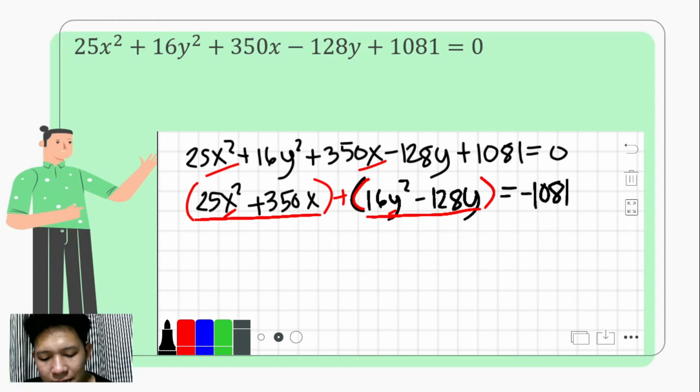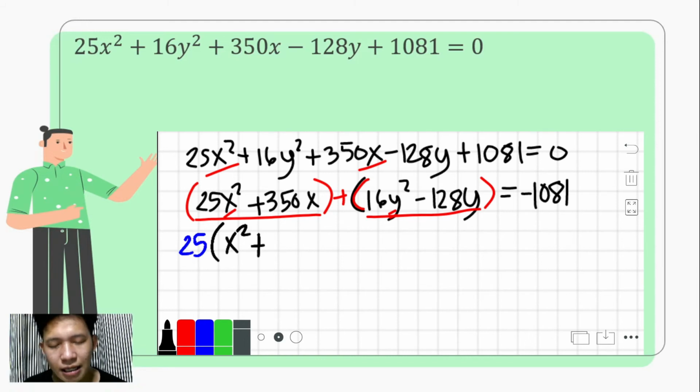So ito si 25 ay ilalagay natin sa labas. So we have here 25 multiplied by x squared plus, what is 350 divided by 25? That is actually 14x.